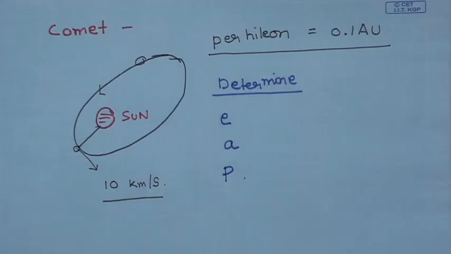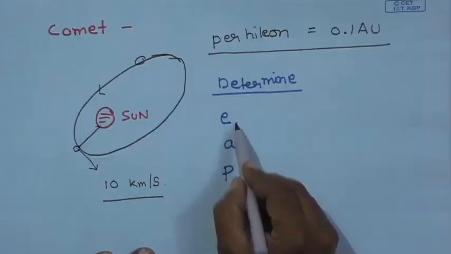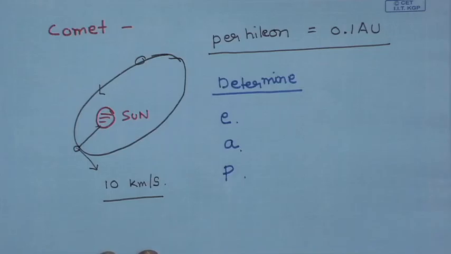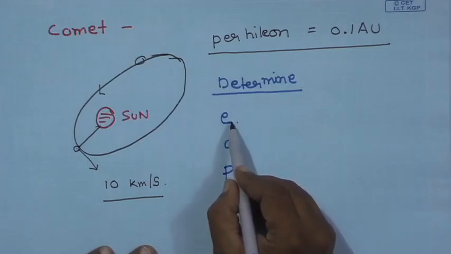So, the problem that we are going to discuss is that we have a comet and we have measured the perihelion distance and its speed at perihelion. We have to determine the eccentricity, the semi major axis and the period of the comet. So, let us first determine the eccentricity.